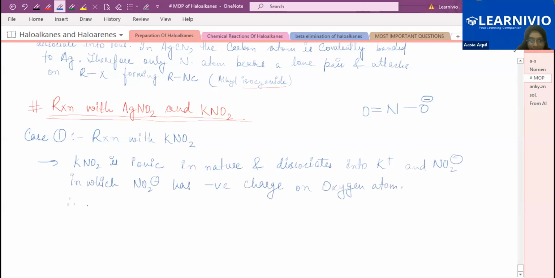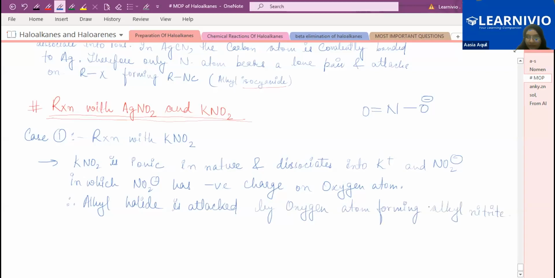Therefore the alkyl halide is attacked by the oxygen atom, forming alkyl nitrite.